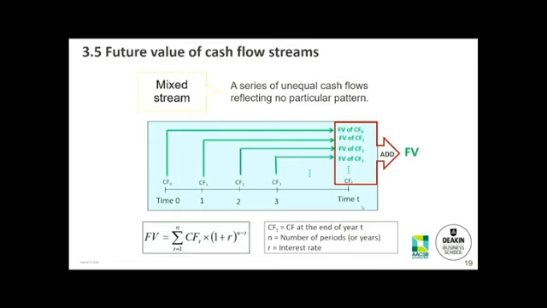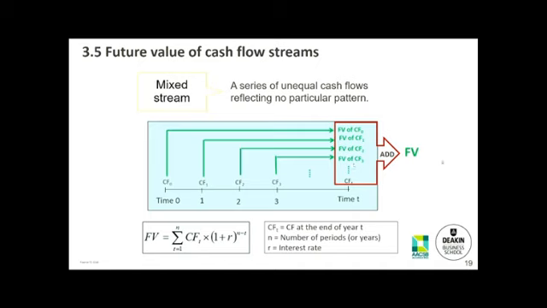Do you agree? By doing that, for example, we compound cash flow today to time t. We compound cash flow at year 1 to time t, etc., etc. We will have the future value of each of the individual cash flows at time t. Do you agree? We are then able to add them together.